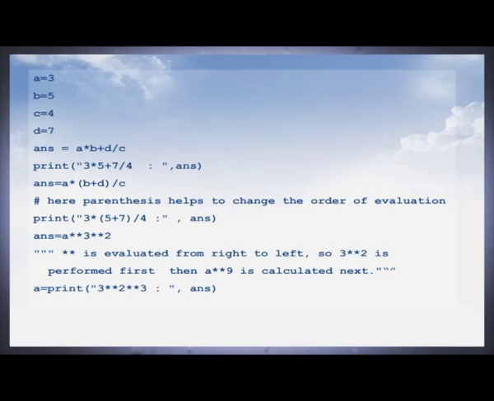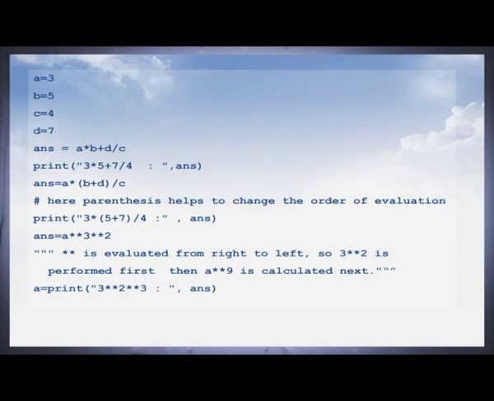This example illustrates the use of the precedence table and how we can change the order of evaluation. As you notice in this example, A star B plus D by C, how does this get evaluated? Here we have star, plus and slash.